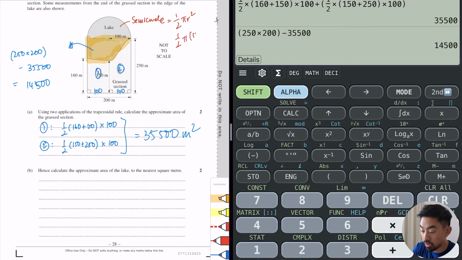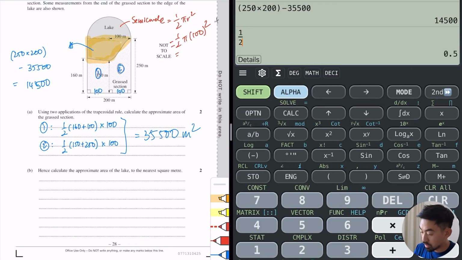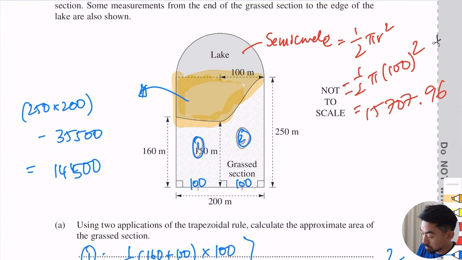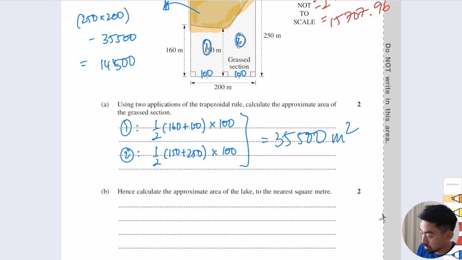So 1/2 times pi times 100 squared. Let's work that out. That's 15,707.96.